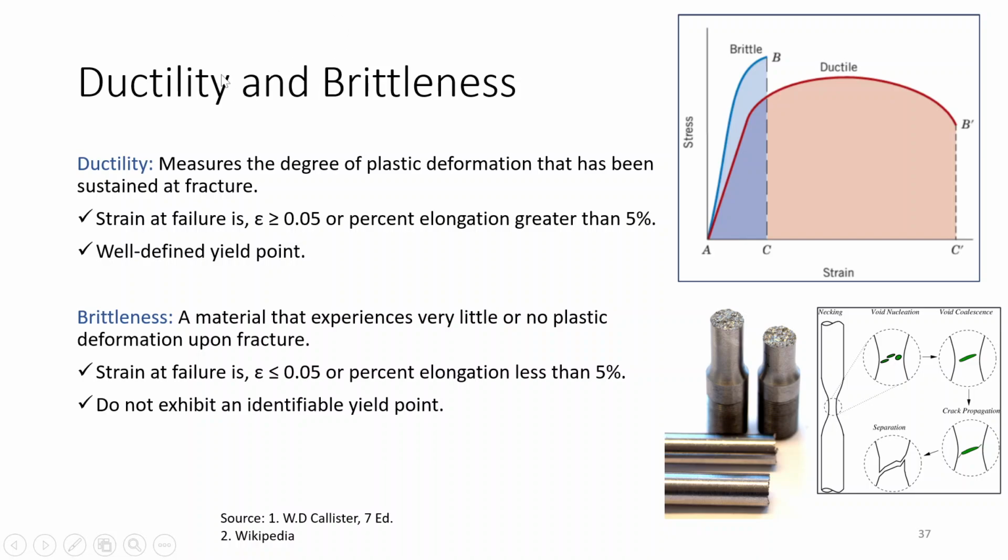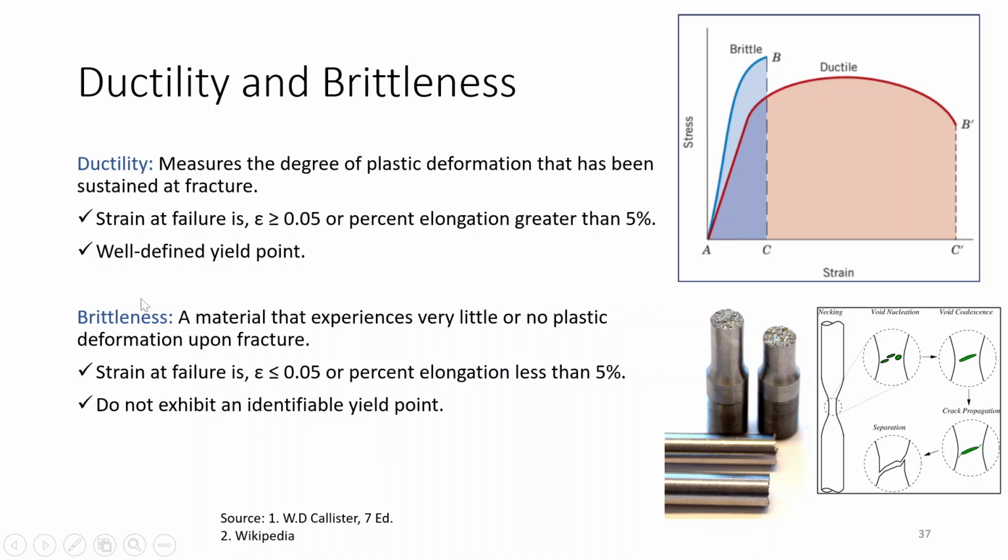Now, other properties of material are ductility and brittleness. These are opposite properties. So if a material is ductile, then it won't be brittle, and if it's brittle, then it won't be ductile. Ductility measures the degree of plastic deformation sustained at fracture. If strain at fracture is greater than 0.05, or percent elongation is greater than 5%, then it is a ductile material, and it has a well defined yield point.